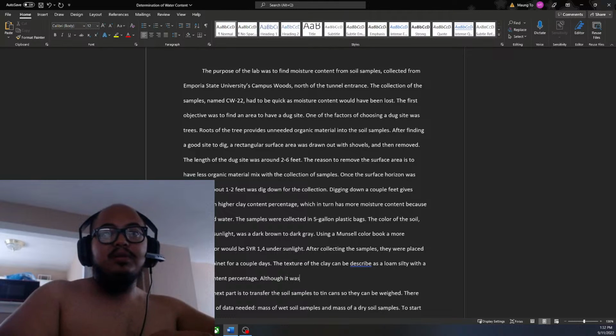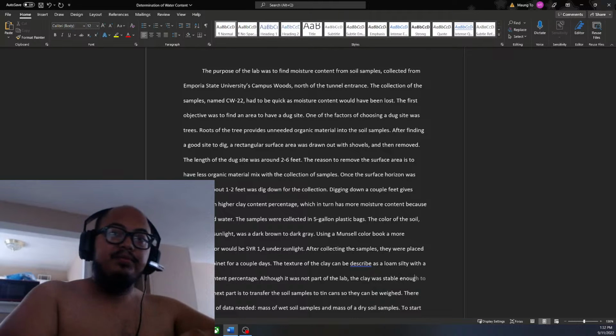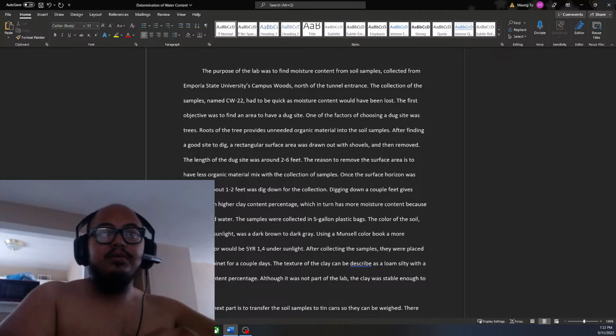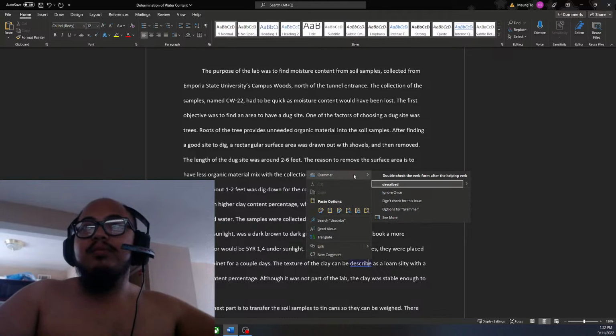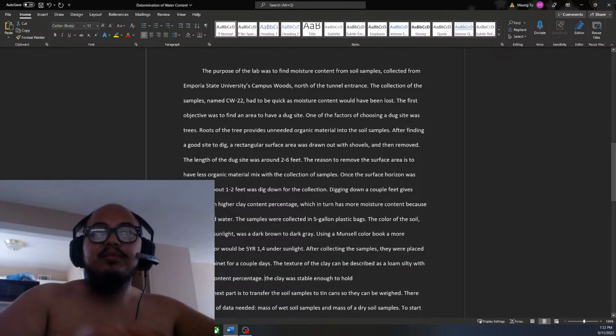Although it was not part of the lab, the clay was stable enough to hold.